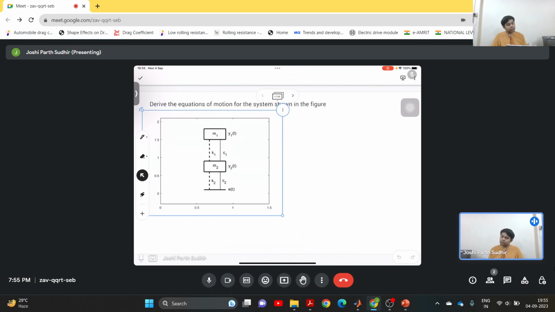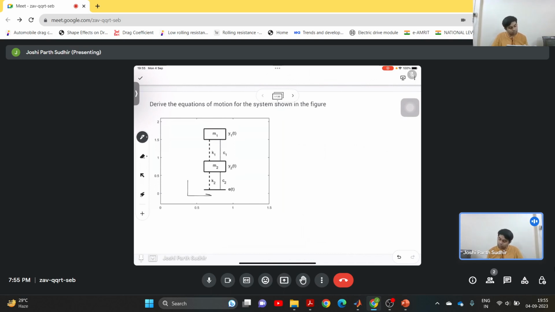So to derive the equations of motion, we have to first define the coordinate system. So here it is already given that y1 and y2 are the coordinates of the center of masses of m1 and m2 with respect to their equilibrium position.